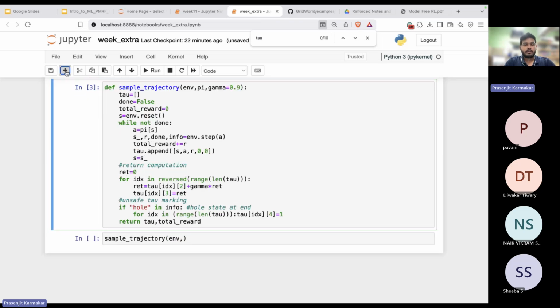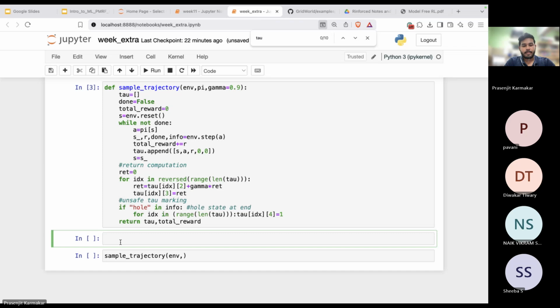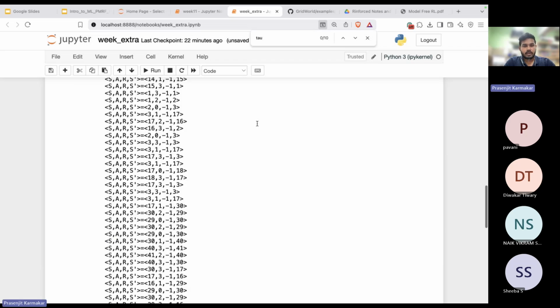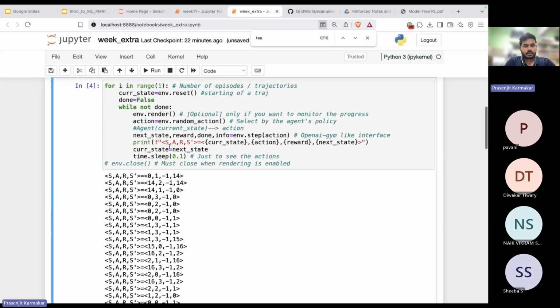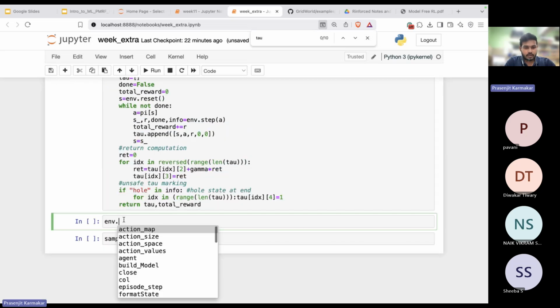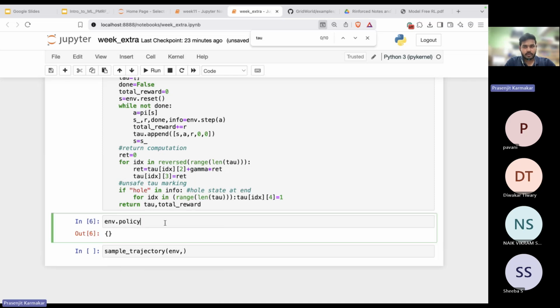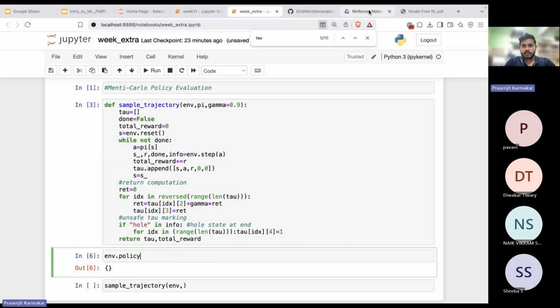Let's take any random policy, right? environment.actions. Do I have the environment policy? Okay, good. I can do a random sampling of policy.